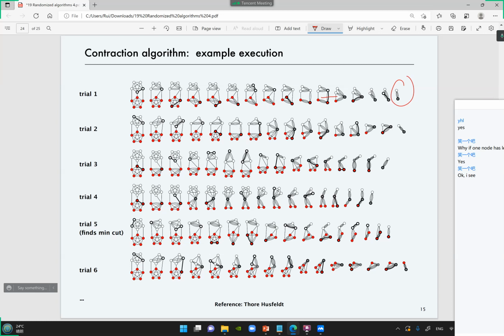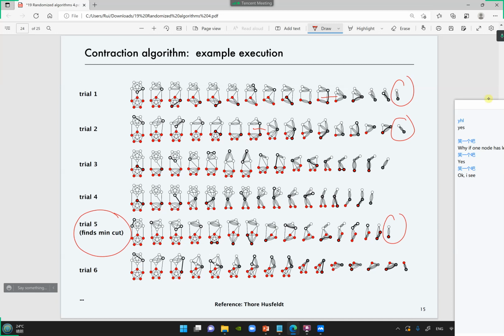So you lost your min cut, and this trial failed. You run again, and again you happen to cut one of your min cut edges, so in the end you didn't get the min cut. But if you run many times, it's quite likely that you have at least one trial where you do not cut any of these min cut edges, and then you do get your min cut.